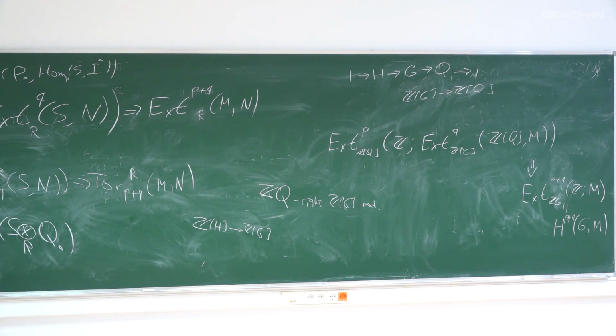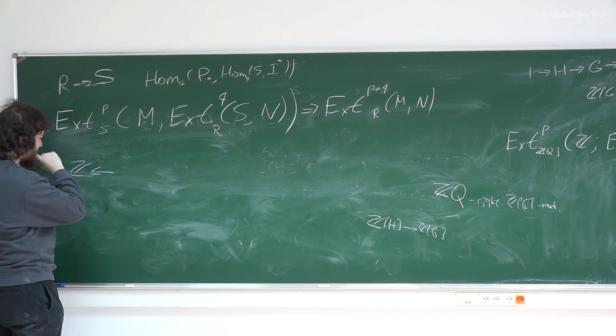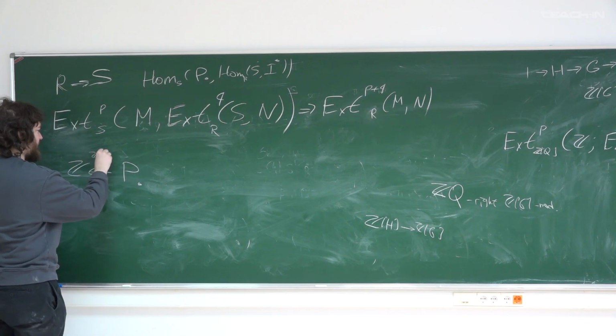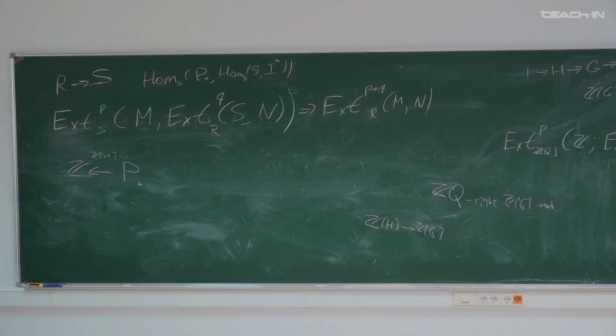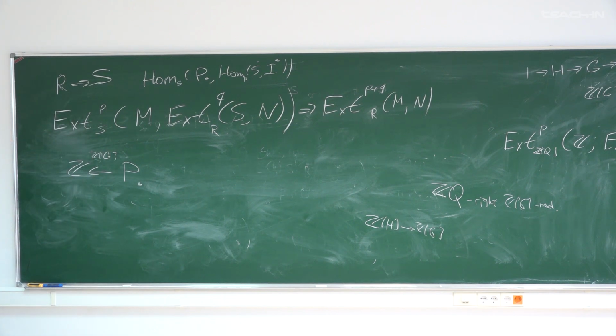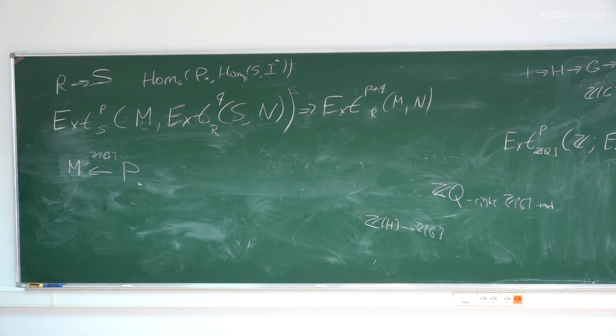Let's try to compute this Ext. Consider this thing. Consider resolution of Z over H. It's projective resolution over ZH. No, as ZG. Consider this projective resolution. And then consider tensor product of this thing, or maybe of M. Yes.